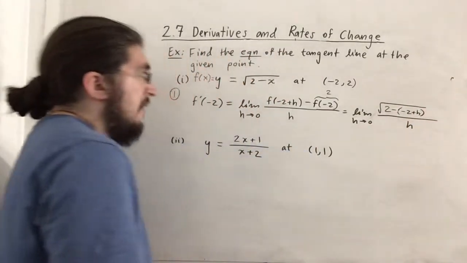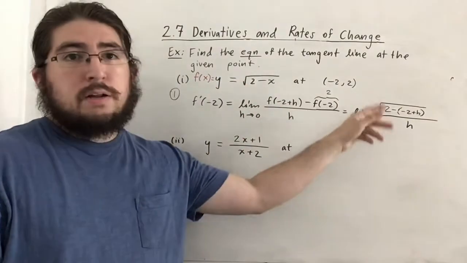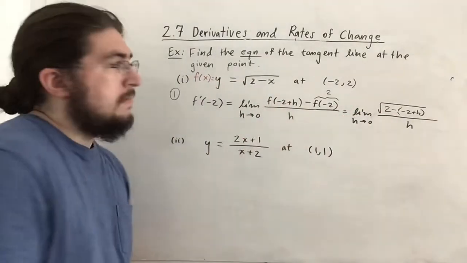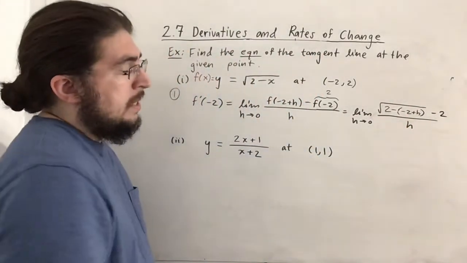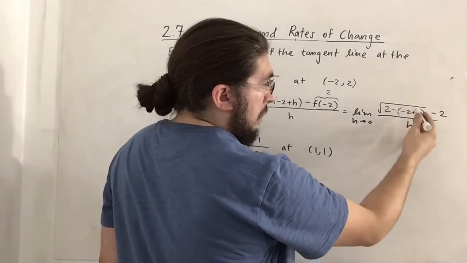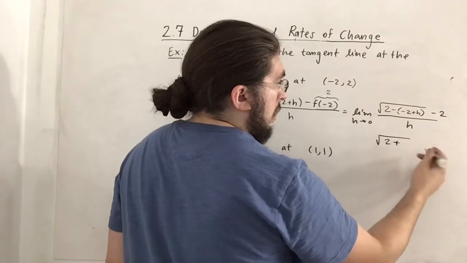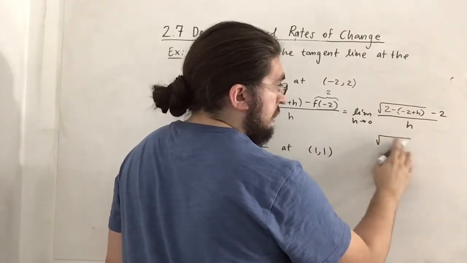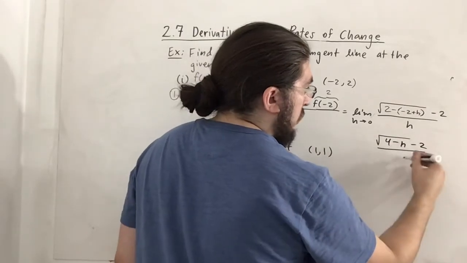So again, f of x is radical 2 minus x, f of this is radical 2 minus this, and then minus 2. Perfect. Now if you distribute this negative on the inside, you'll get 2 plus 2 minus h. So this radical will be 2 plus 2, which is 4. So it's 4 minus h, minus 2 all over h.